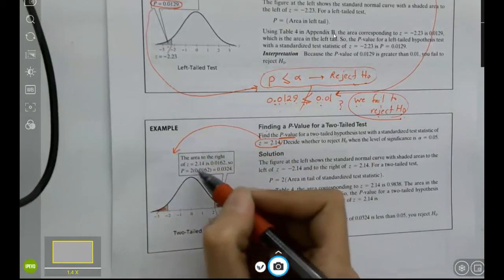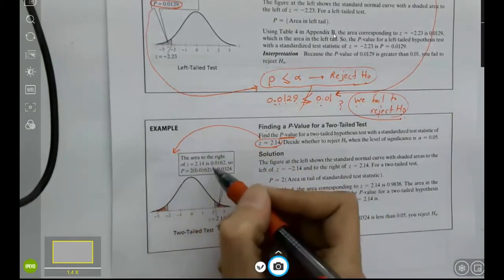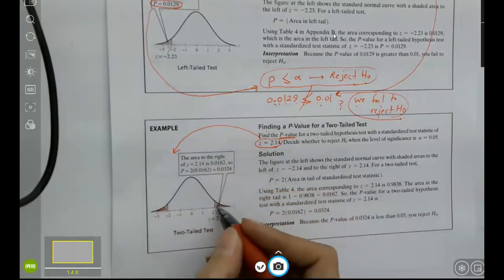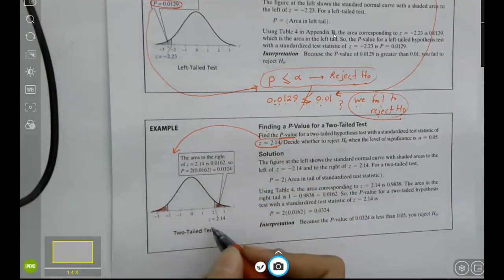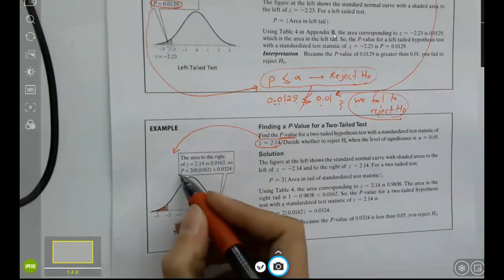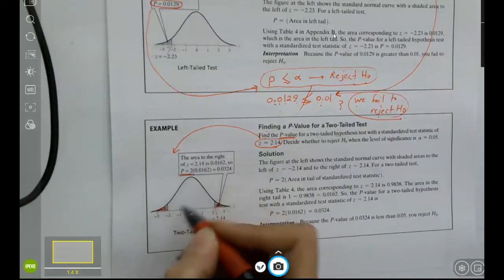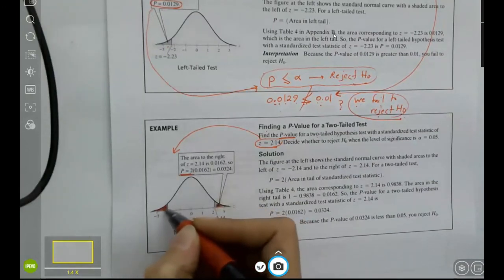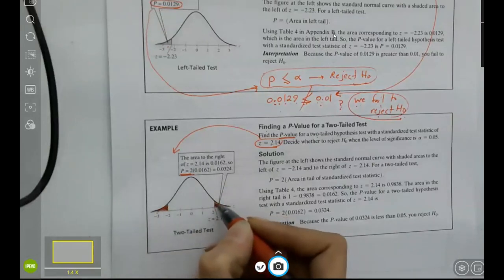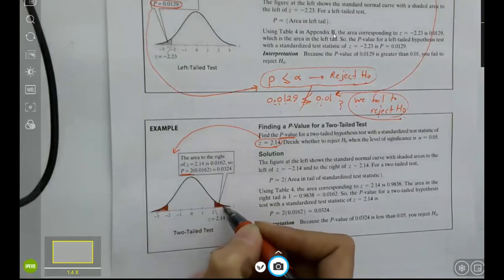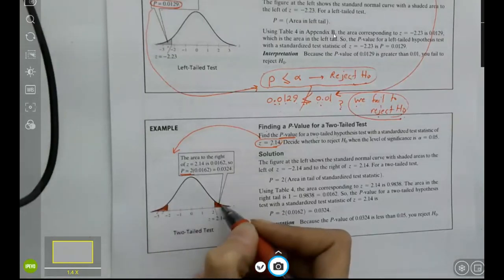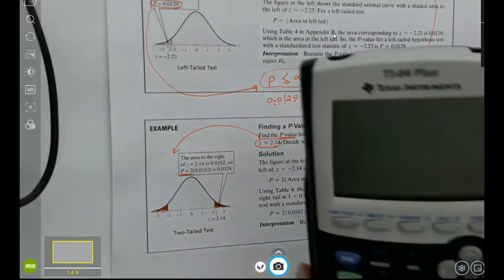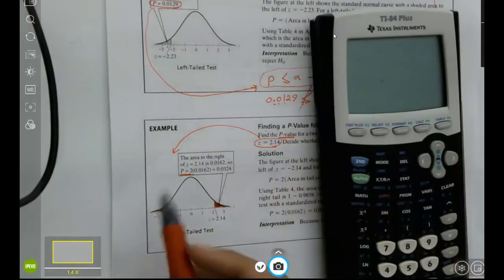To find the p-value, we find the area to the right or to the left, it doesn't matter, of our z, then multiply by 2. Because some part of it is on the left-hand side, the symmetric, exact same portion is also on the right-hand side. It has 2 exact pieces. So let us use our calculator to find one of these areas.